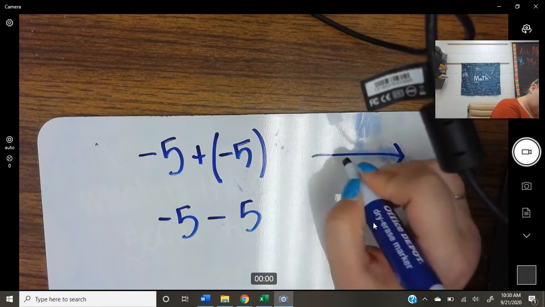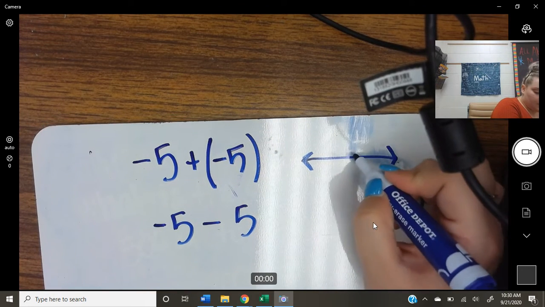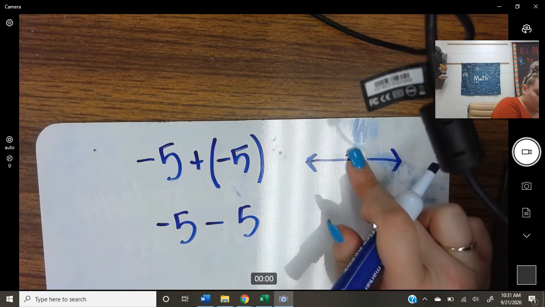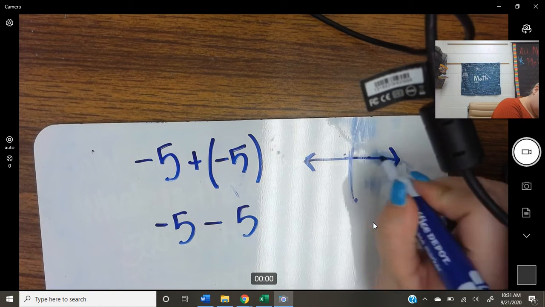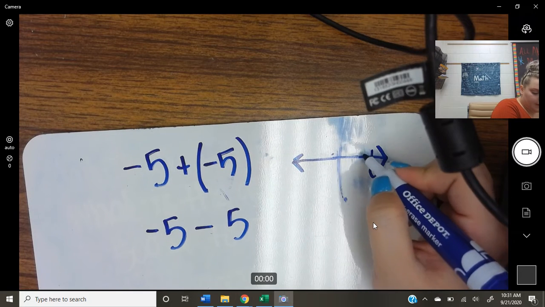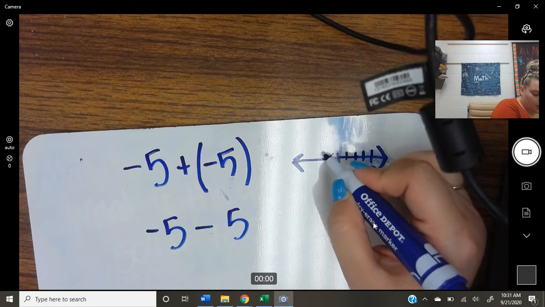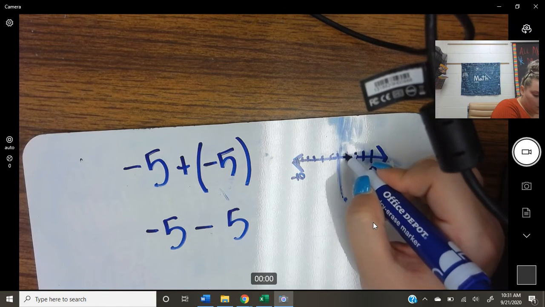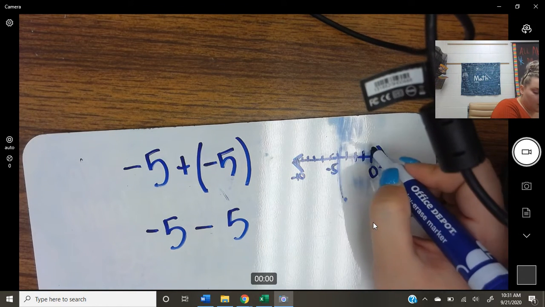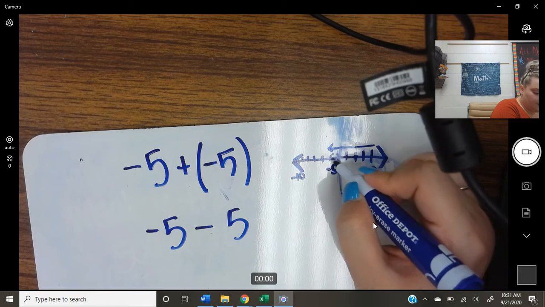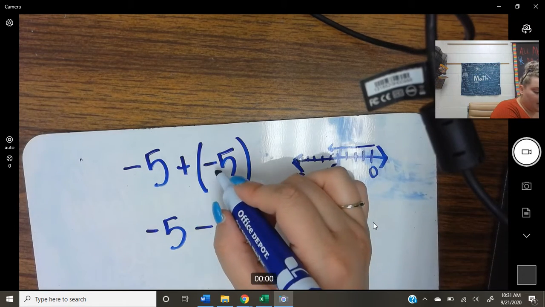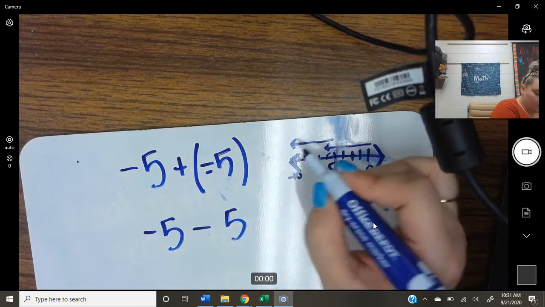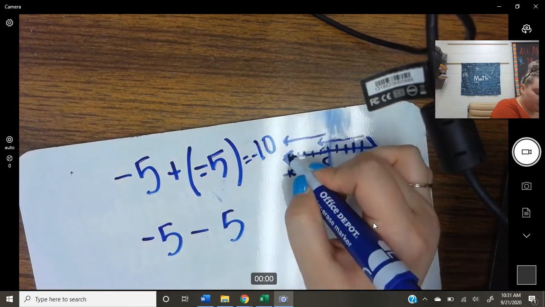If we draw a number line here, we have 0, then negative 5, and so on down to negative 10. Negative 5 is here. So we start at 0, go to negative 5. We're adding, but we're adding a negative. That negative tells us we need to go to the left 5 more. So that would equal negative 10.